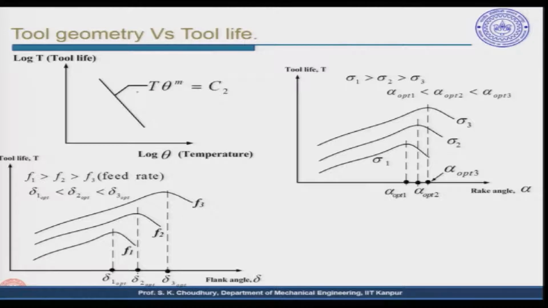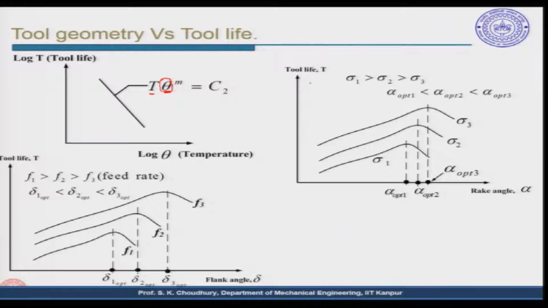So, what is shown here is the relationship of the cutting temperature theta to the tool life, which jointly represents the effect of the cutting speed, feed and depth of cut, because in terms of temperature all these three will enhance the temperature if they are increased.